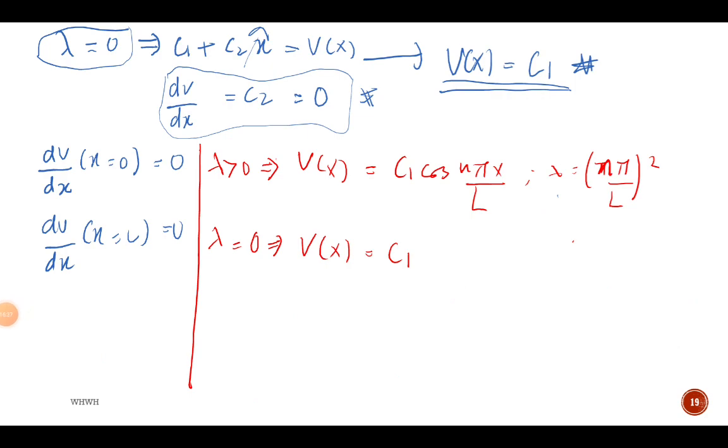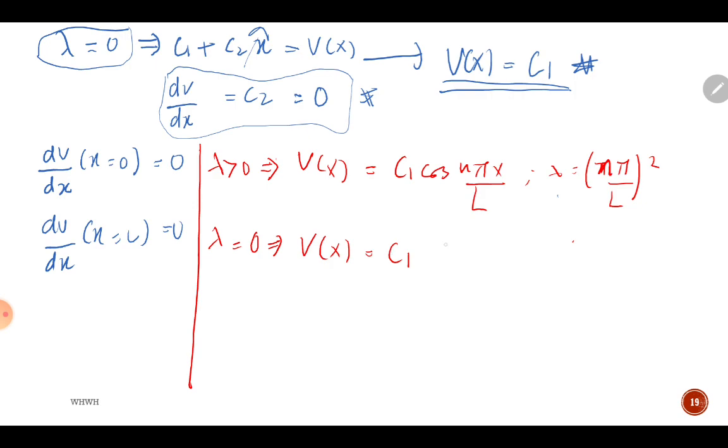Okay, so now we come to the conclusion. For lambda more than 0, just now we have solved kan, Vx is equals to C1 cos n pi x over L, where our lambda is equals to n pi over L everything square kan. And if lambda equals to 0, our Vx is equals to C1. Kalau you all perasan kat sini, these two we have the same constant which is C1.